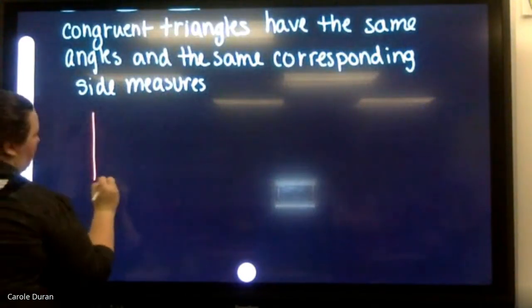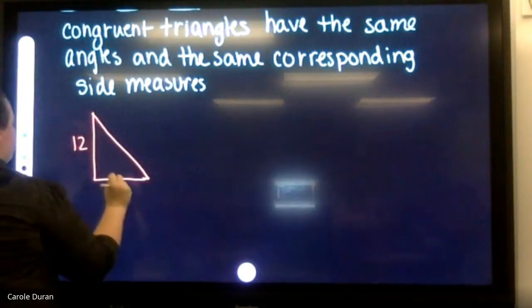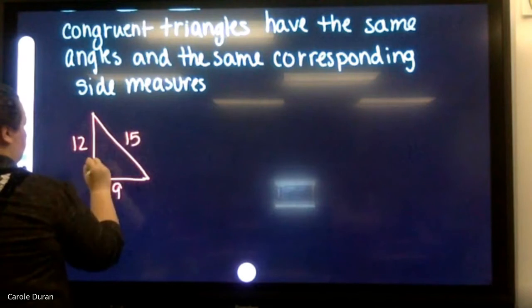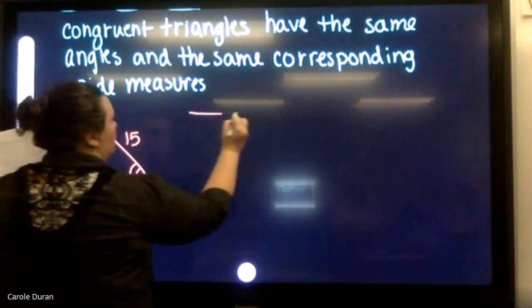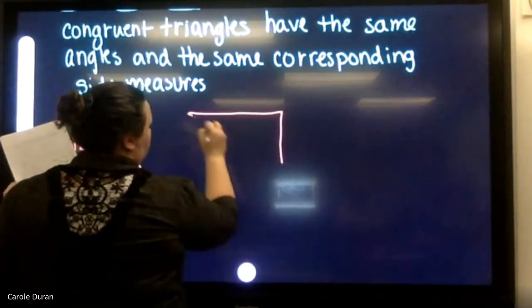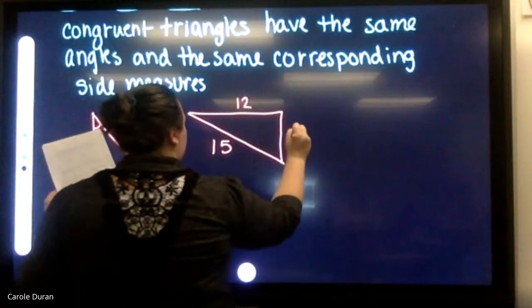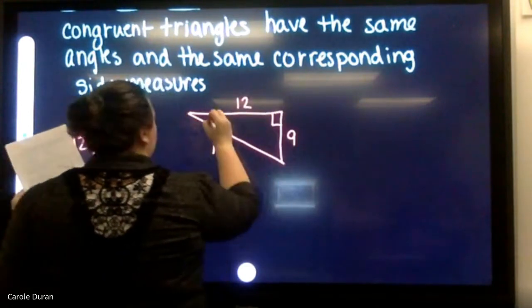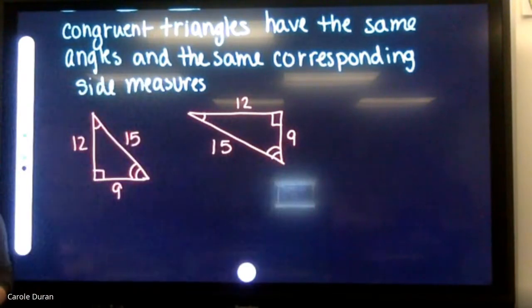So, for example, these two triangles are congruent because they have the exact same measurements in the exact same places.